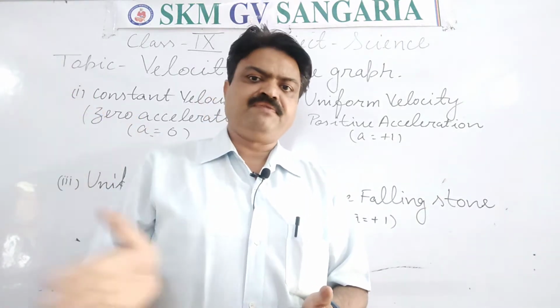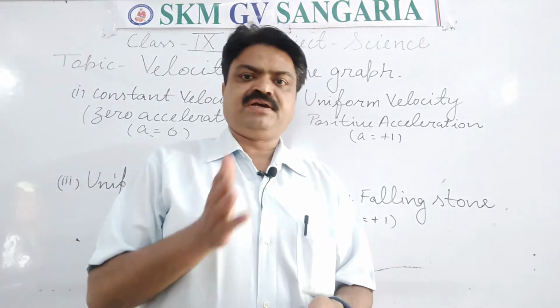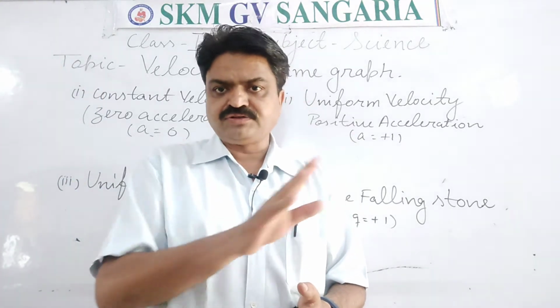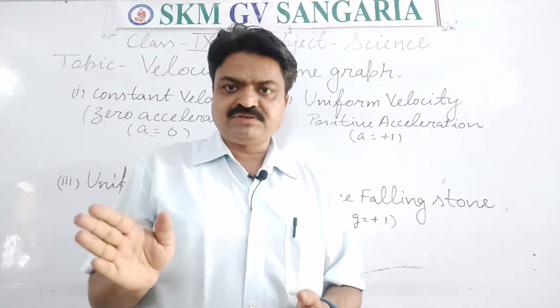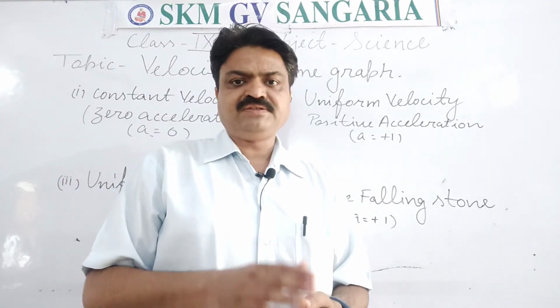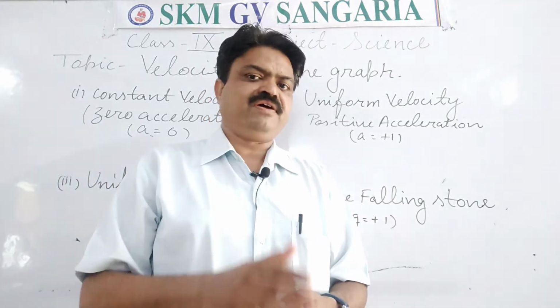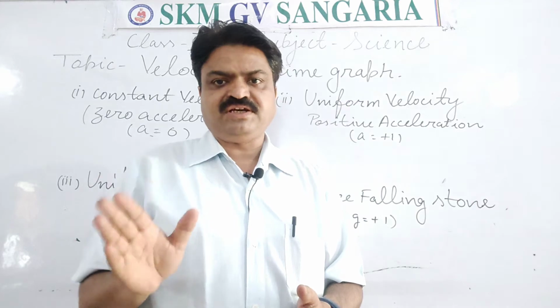Students, it may be 40 kilometers per hour, 30 kilometers per hour, 20 kilometers per hour, meaning the velocity is not changing. The velocity is constant here, so the automobile is moving with a constant velocity without any change.